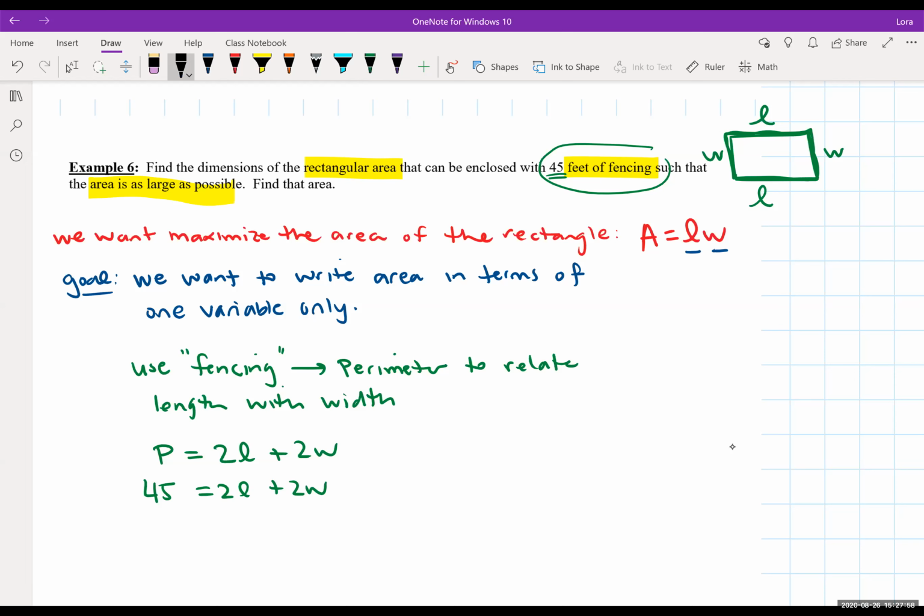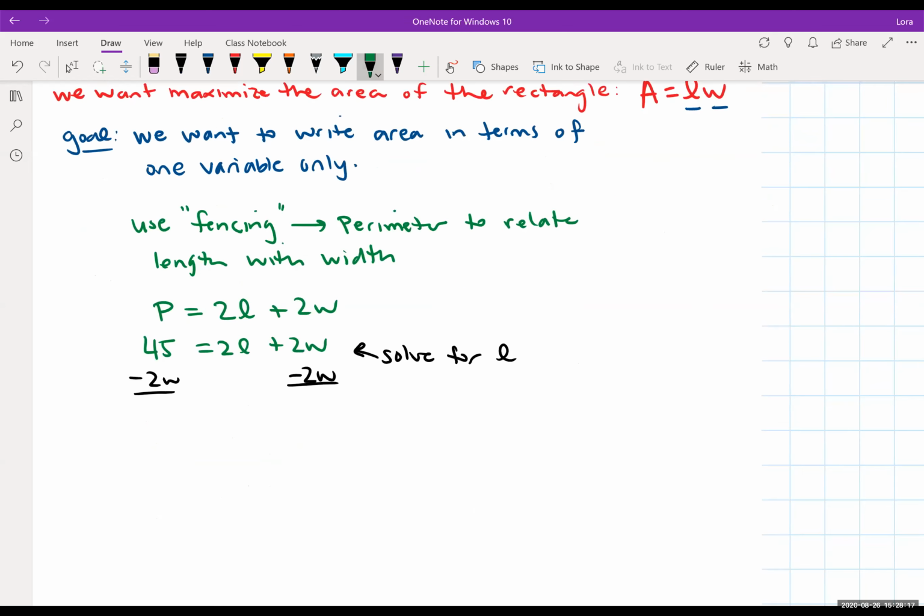So I'm going to solve for L, maybe because L stands for Laura as well. It's up to you. So if I solve it for L, that means I'd be subtracting 2W on both sides. And what I'm looking at, these aren't like terms, so I have 45 minus 2W.